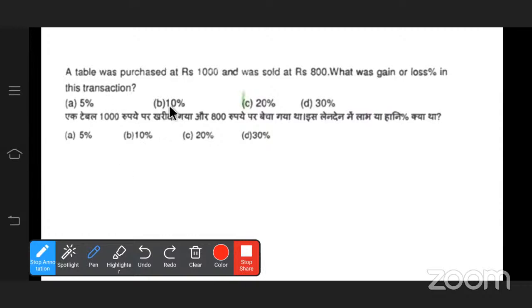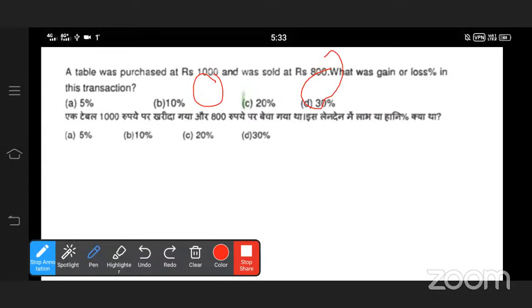Here one table was purchased for 1,000 rupees and sold for only 800. This is a loss for us, right? Yes, ma'am. Because the selling price is less than the cost price. So here it is a loss. So I'm going to find the percentage for this.